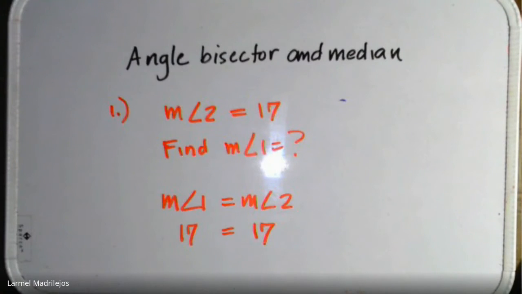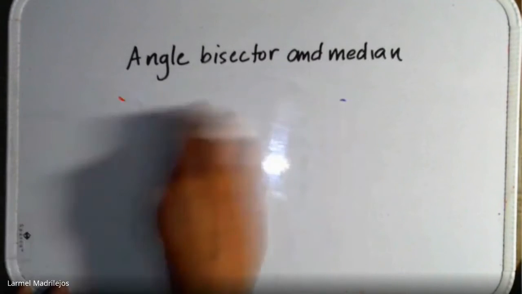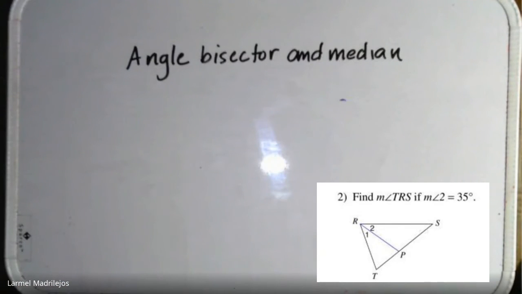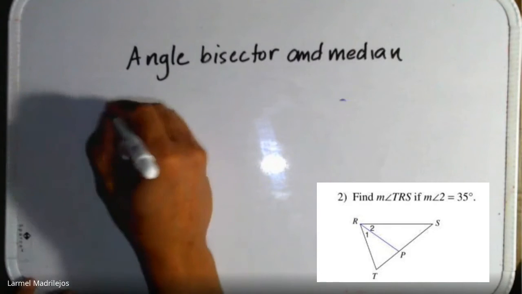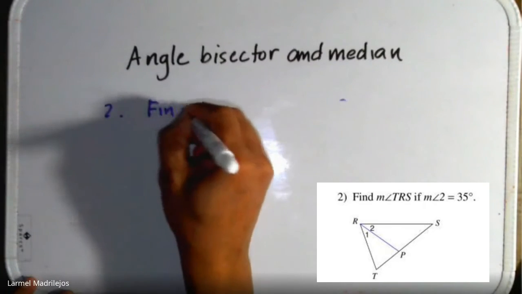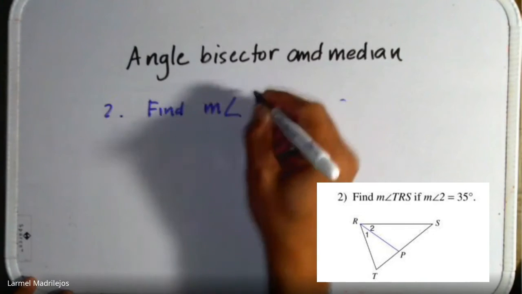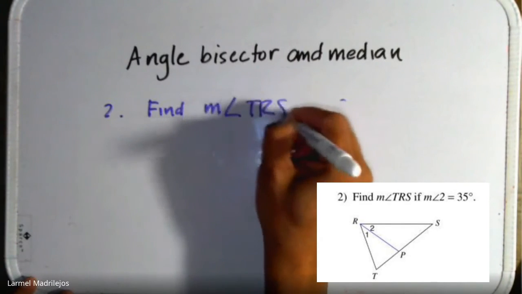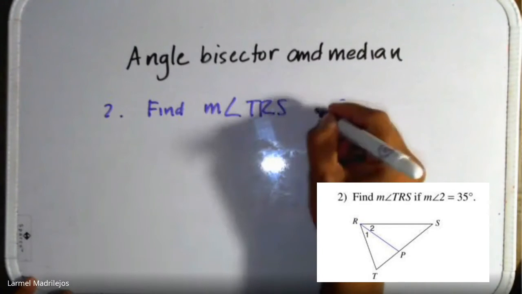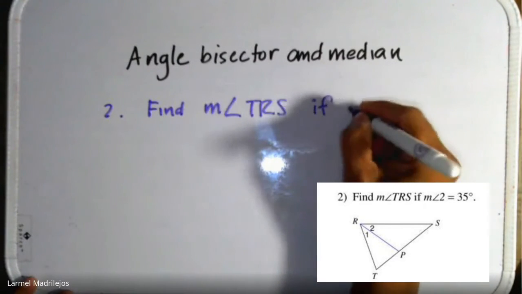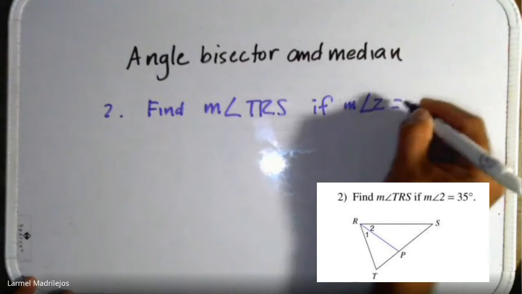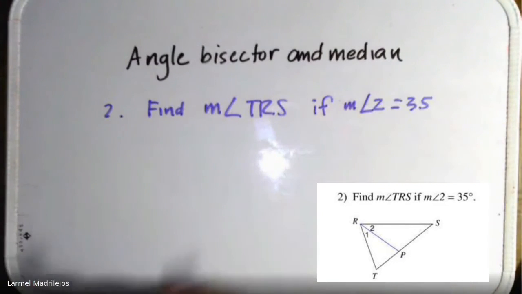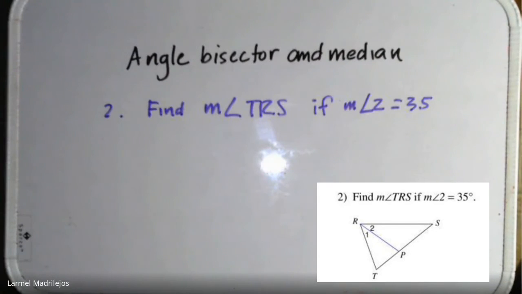Question number 2. Find measure angle TRS if measure angle 2 is equal to 35. If you look at the picture, TRS is the whole.